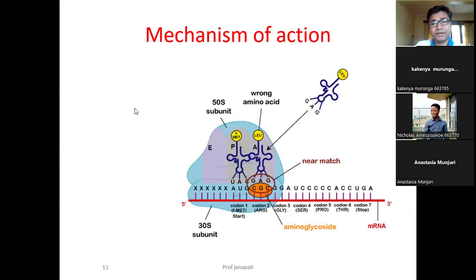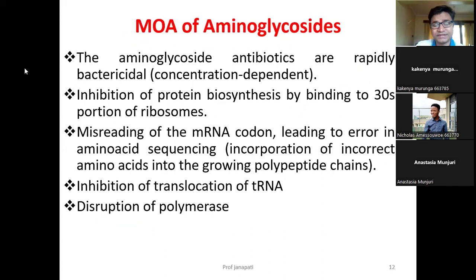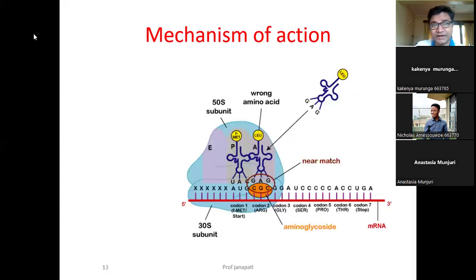Okay. Now, mechanism of action. There are two or three mechanisms. The most important is that it causes misreading of the genetic code. See what happens here? AUG is a methionine codon, and the codon and anticodon are complementary to each other.